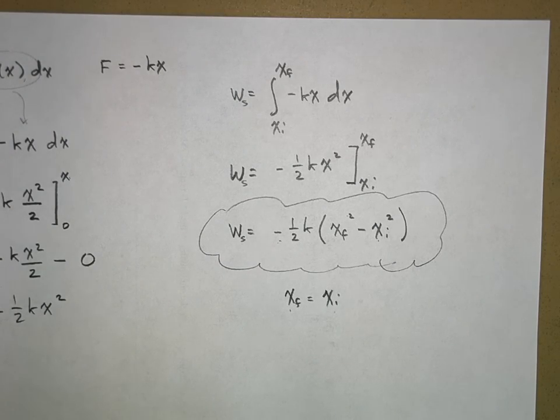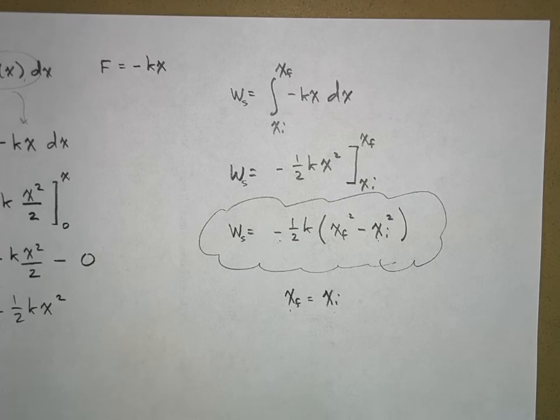Now, that's a really profound idea because there are certain forces that if you end up where you started, position-wise, no work was done. And the forces that do that are called conservative forces. And those are going to be really important in about 3 or 4 weeks. We're going to talk about conservative forces, so I'm just giving you some clues.